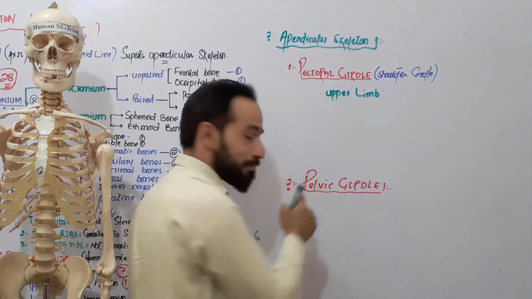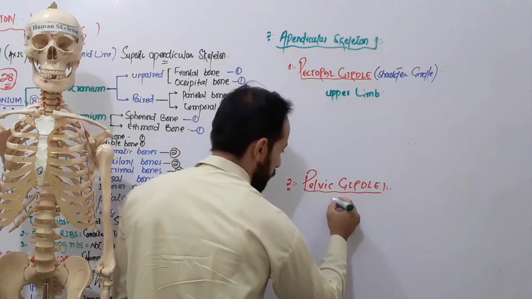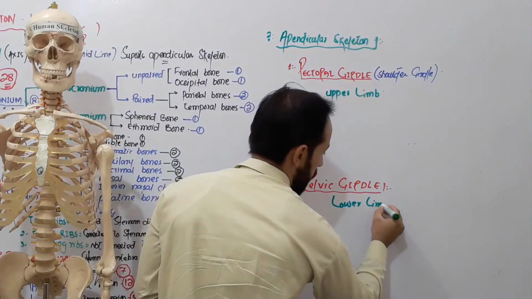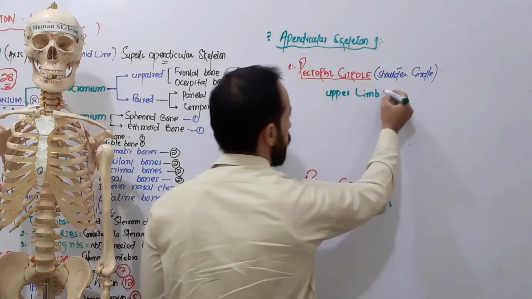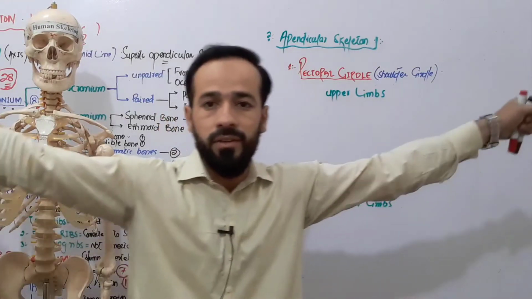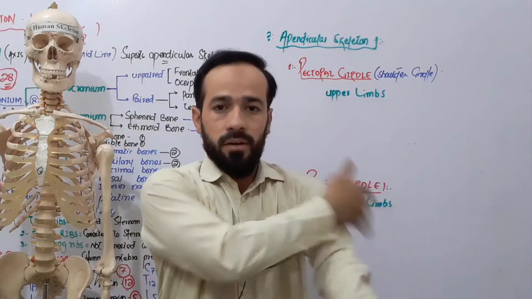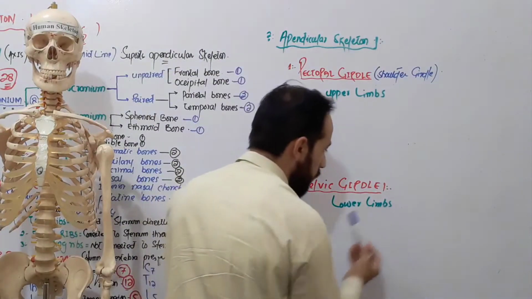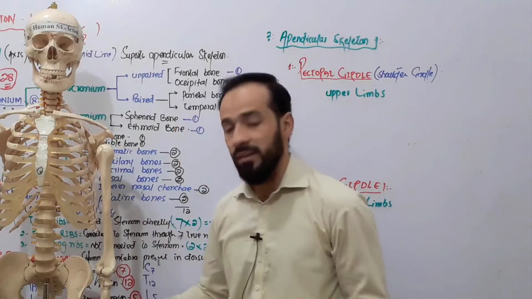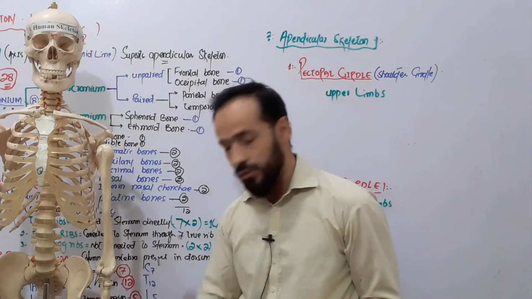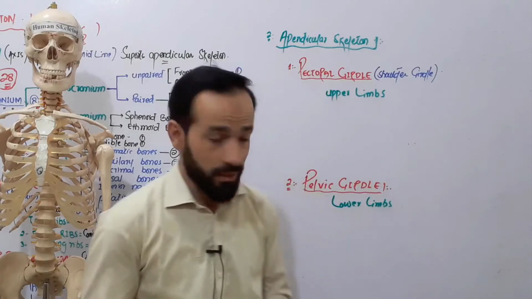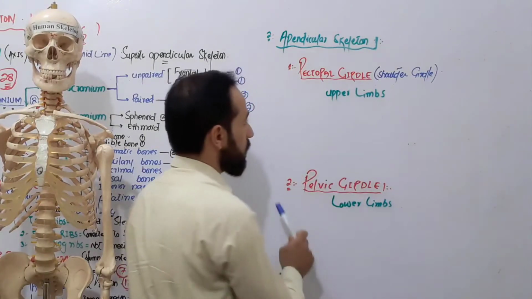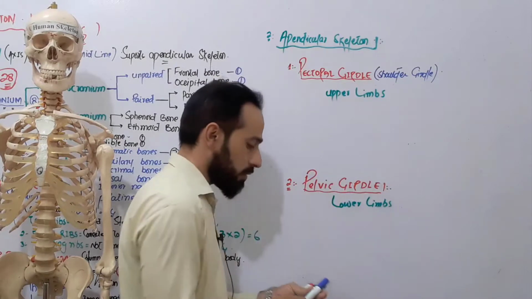And with the pelvic girdle, we will discuss the bones of your lower limbs. How many upper limbs do you have? Two. These are the upper limbs from here. We will discuss all those parts of the upper limb, don't worry. And then we have the lower limb. Your lower limbs begin at the hip joint and move down up to your feet. So we will discuss the bones of the pelvic girdle, the pectoral girdle, the upper limbs and the lower limbs.